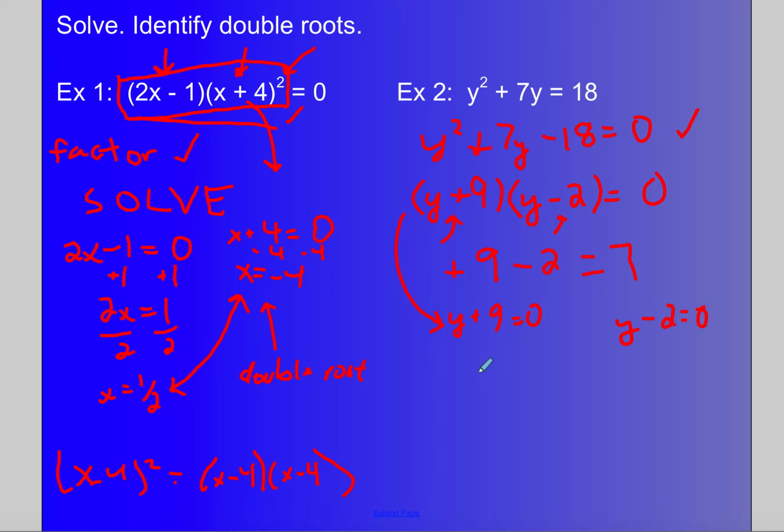And you can see really easily that this is going to be y equals -9 and y equals 2. They both only occur once, so neither of them are a double root. So when we factor, this is why we're factoring. We get to this step so that we can identify what values we could plug into this equation that would make it equal to 0, and here would be -9 and 2.